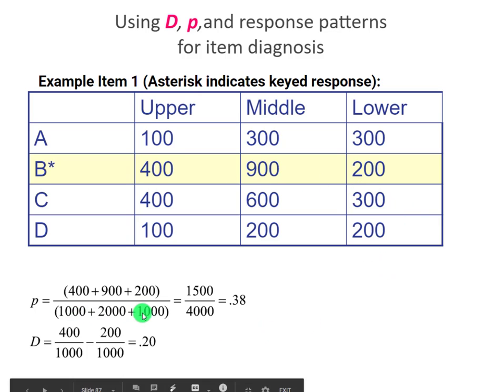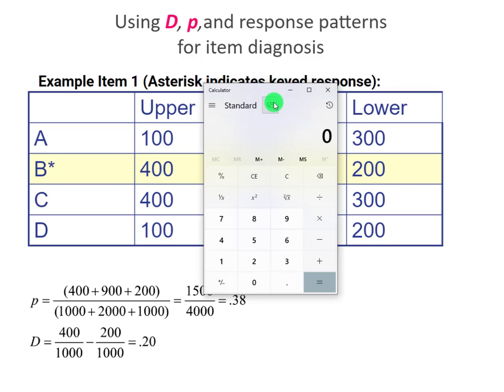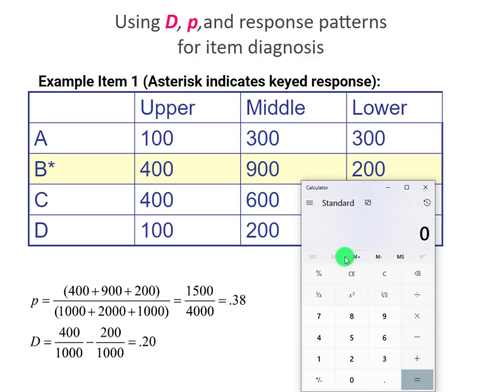So for the p-value, remember that the formula is the number of students that got the answer correct divided by all the students that answered the question. So here's B with the asterisk, which means that this right here is the correct answer. So of the students that got it correct, there's 400 plus 900 plus another 200. So let's look at how many students got this correct. We have the 400 plus 900 plus 200, and we get a total of 1,500 students.